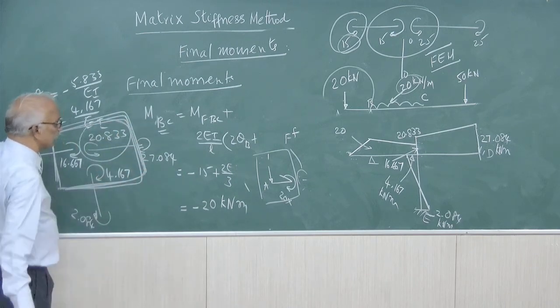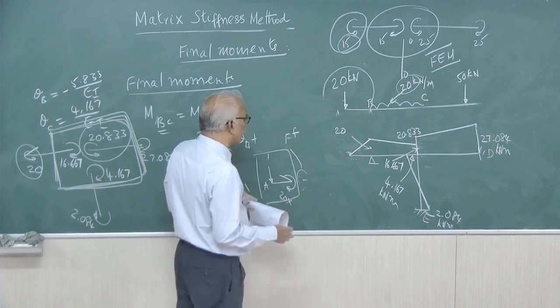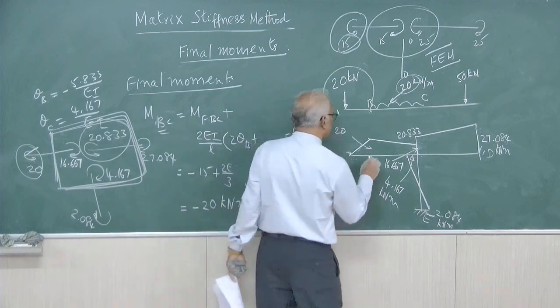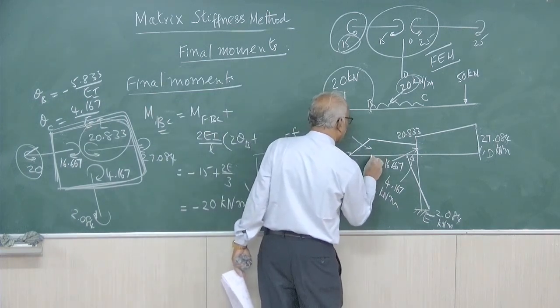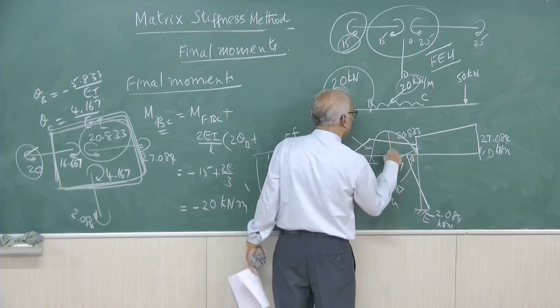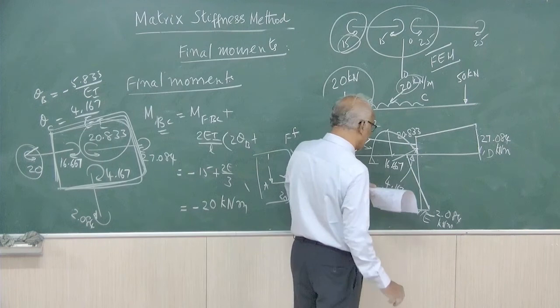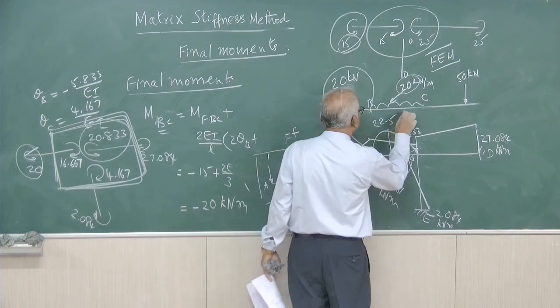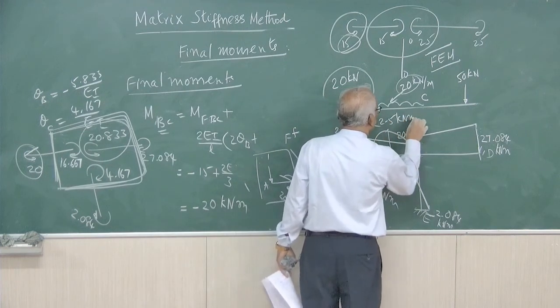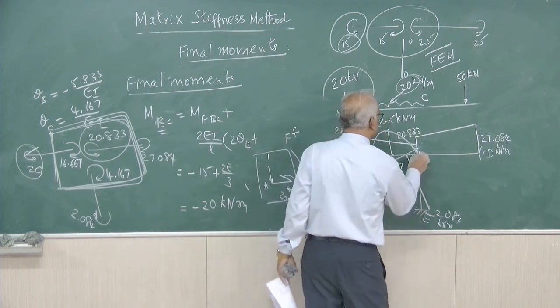That we are getting. Now, on this we have to superimpose the diagram for the simply supported moment. So, here it is parabolic because it is subject to UDL, and this value is WL square by 8, which is 22.5 kilonewton meter. And next one is central load, for which it is 50.